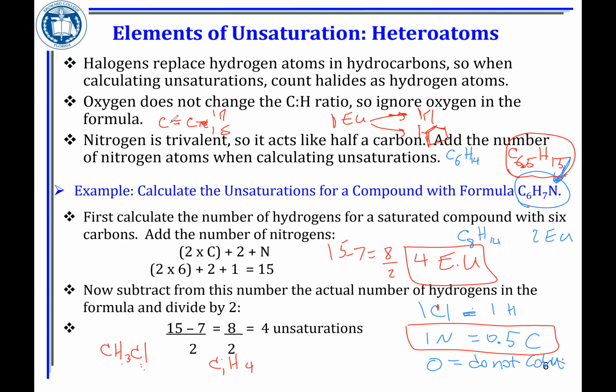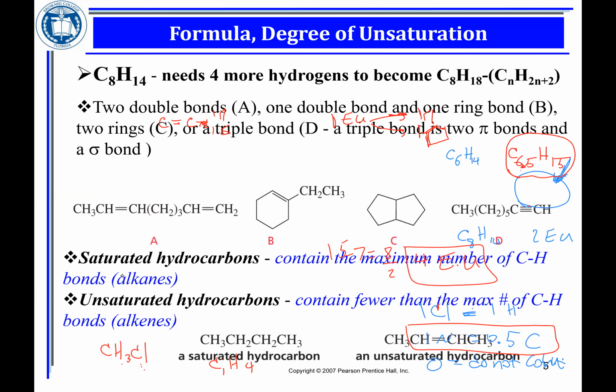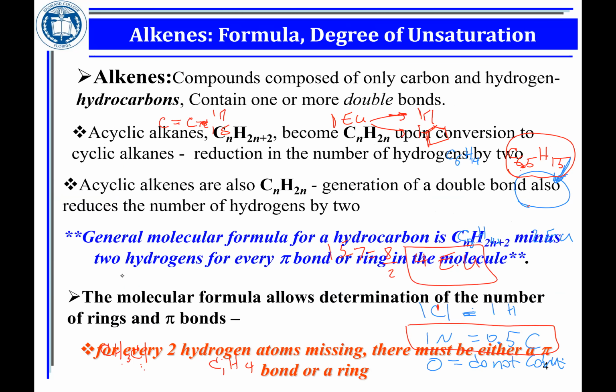We had that in the red color in the previous slide as well. See right here, for every 2 hydrogen atoms missing, there must be either a pi bond or a ring. And every 2 hydrogens basically counts as an element of unsaturation.